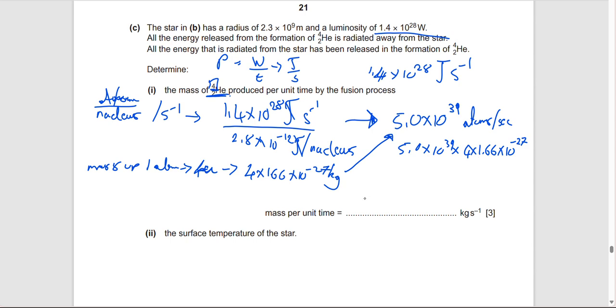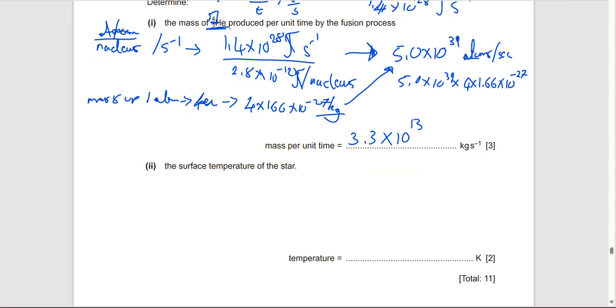Then our answer is going to be 3.3 × 10^13 kg per second. Remember, if you multiply the mass of an atom by the number of atoms per second, it gives us the mass per second, which is exactly the same as mass per unit time. Then that will be your answer.